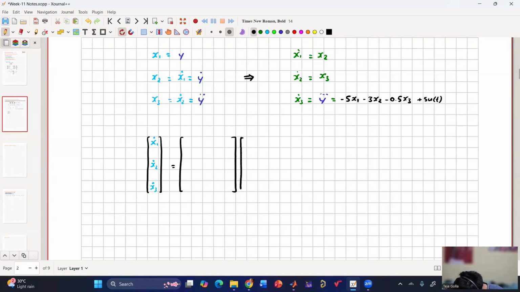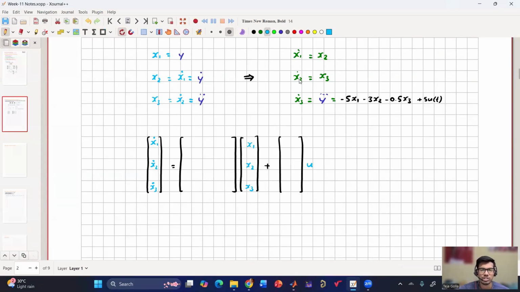Now here we have x1, x2, x3. And then we have the B matrix, and then here we have the U input. So now I have to fill this 3 cross 3 matrix from the equations that I have obtained.